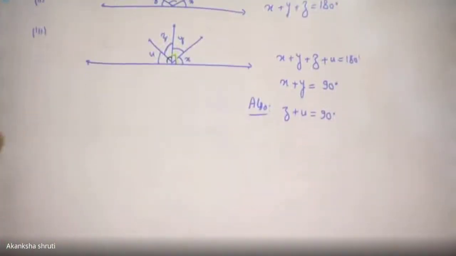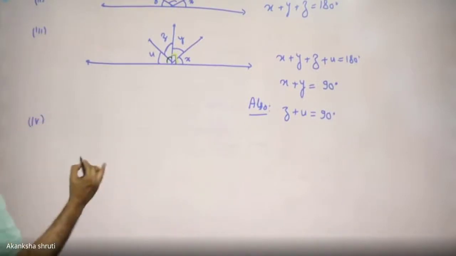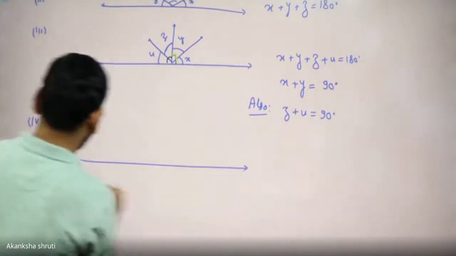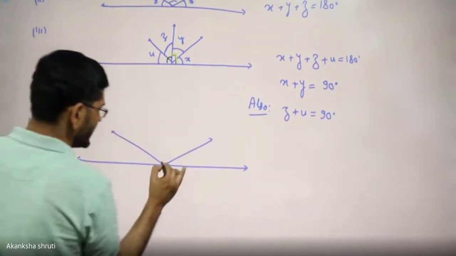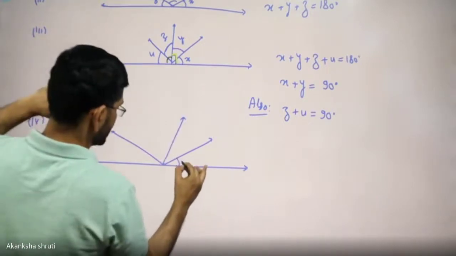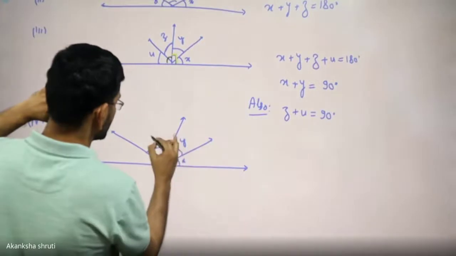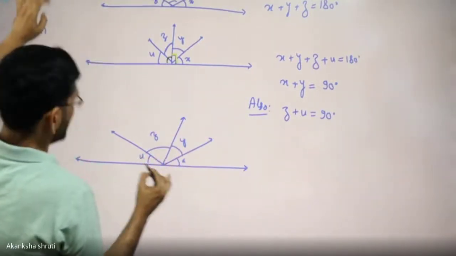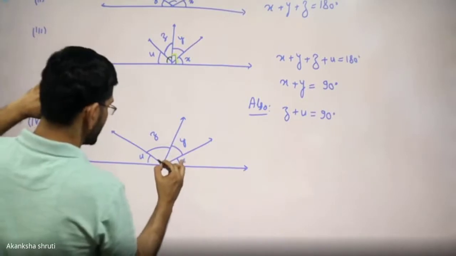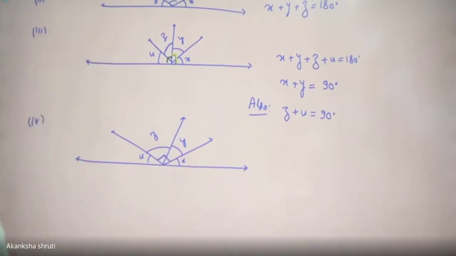So considering this, the various questions are framed. Students, the question may be asked for this one. Consider this situation. Consider these as X, Y, Z, U, and we have another symbol also here, like this one. What relations can be written?